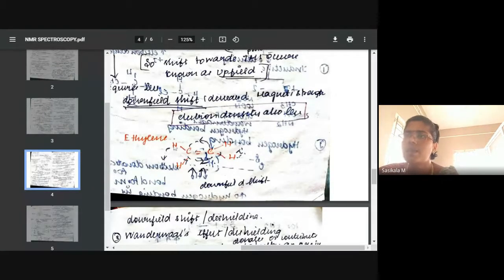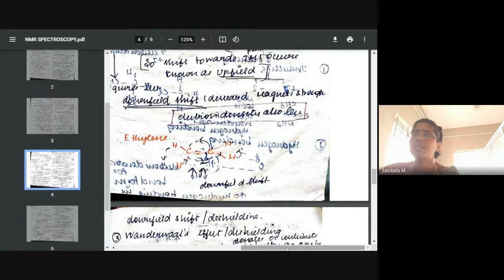So are these shielded or de-shielded protons? They are de-shielded protons, so they appear towards the downfield shift. From TMS it has more distance to absorb for resonance. So the chemical shift value is high for de-shielded protons, and less if the proton is present inside. So for ethylene, the shift occurs downfield, since the protons are de-shielded.